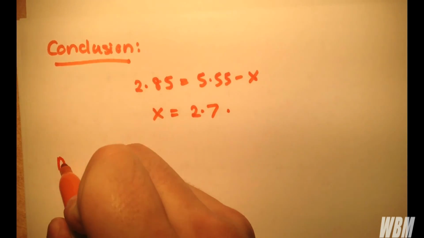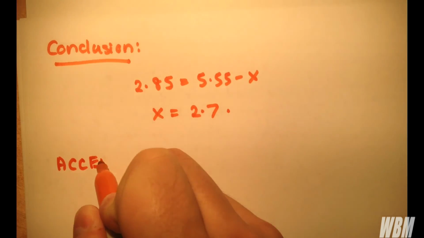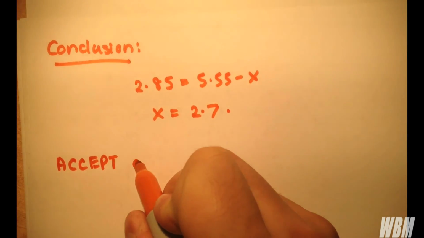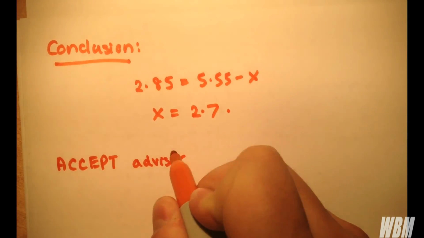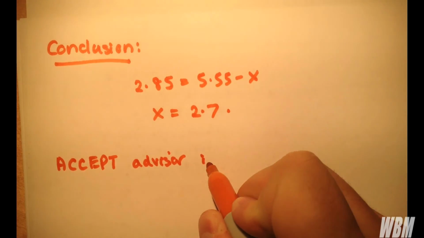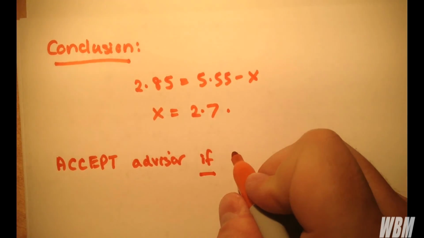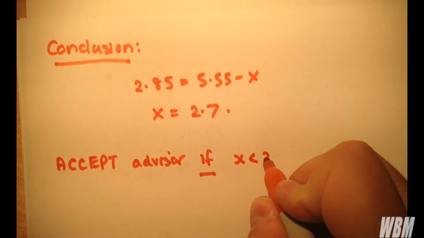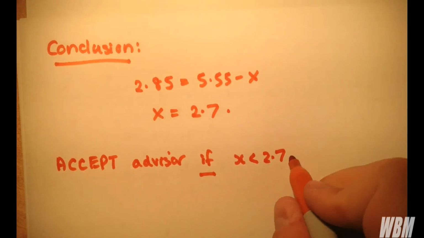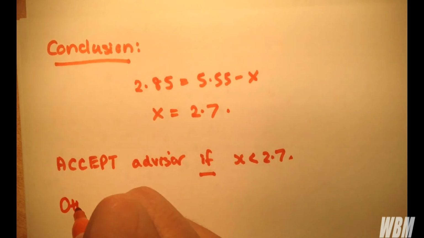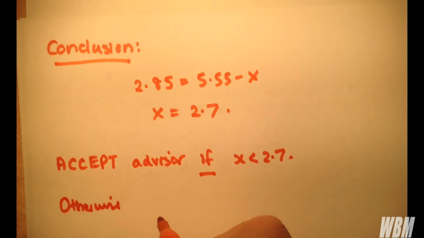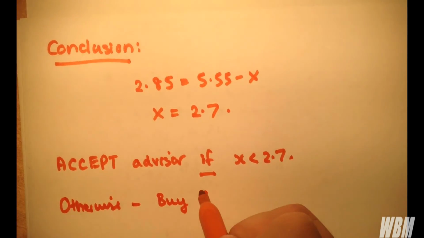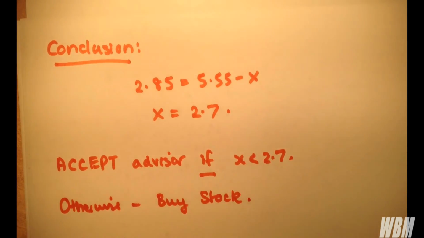It tells us we accept the advisor if he's charging less than 2.7. Otherwise, we make the decision to buy stock. Thank you for watching.